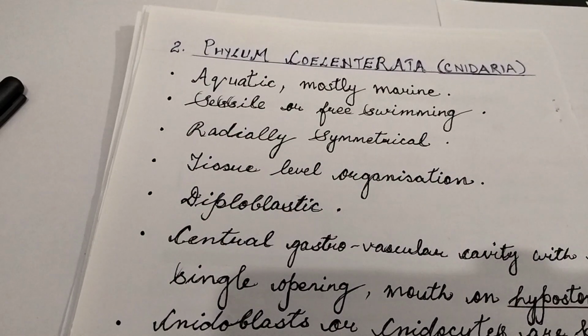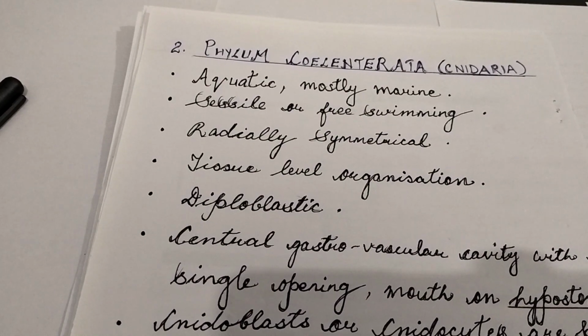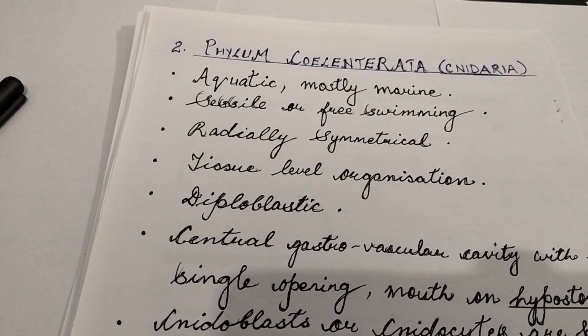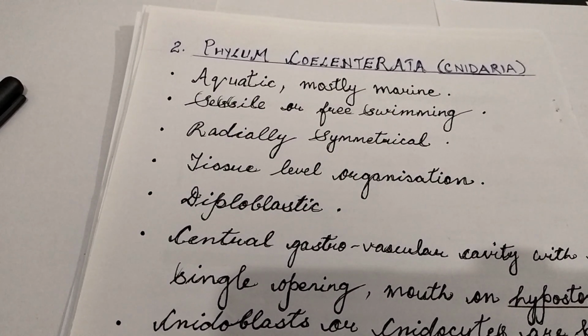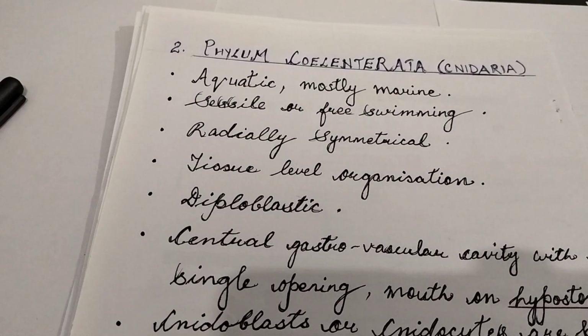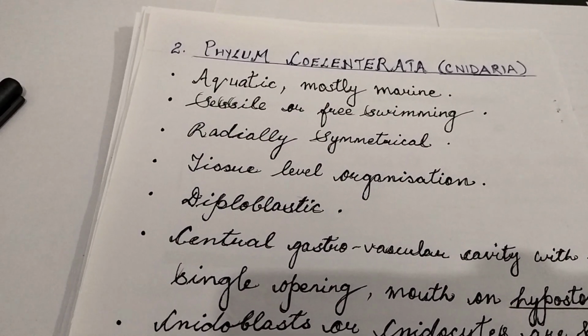Next, they have a tissue level of organization. This also we studied in the last video, that different levels of organization are exhibited by the animal kingdom. One is the cellular level. Now there is a tissue level. See the advancement. The cnidarians, the second phylum of the animal kingdom, now show a tissue level of organization.